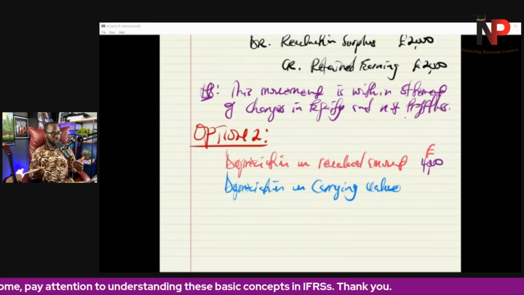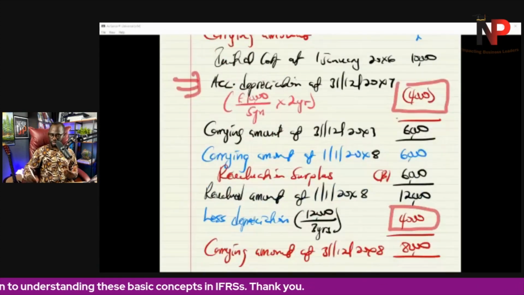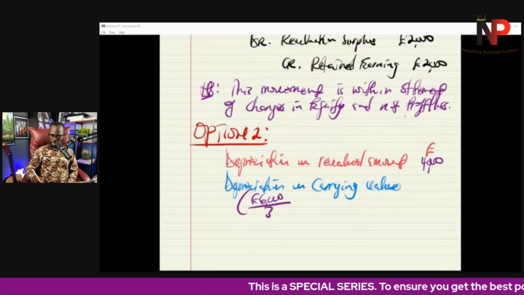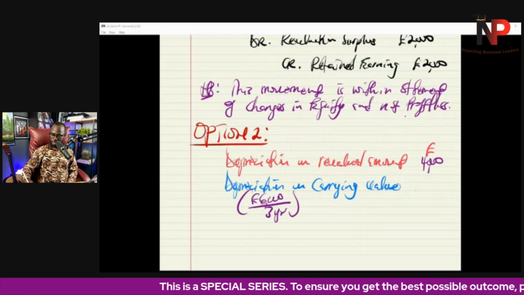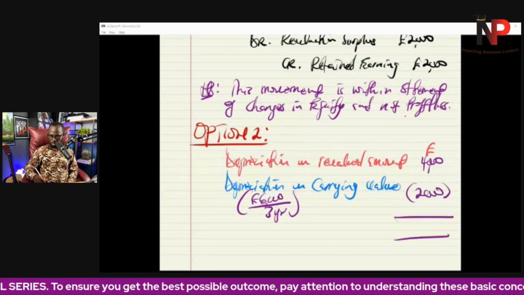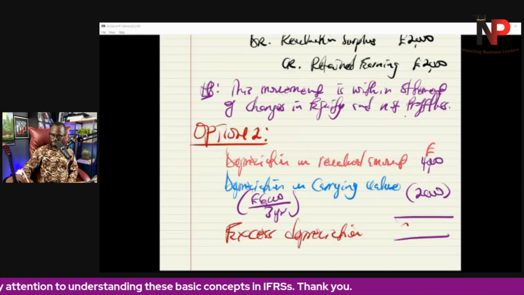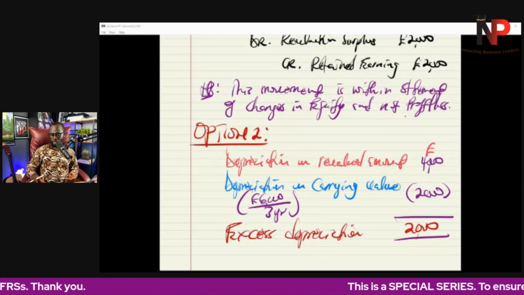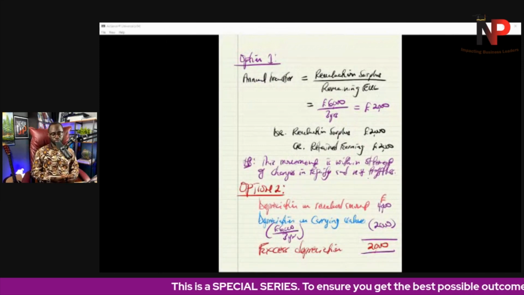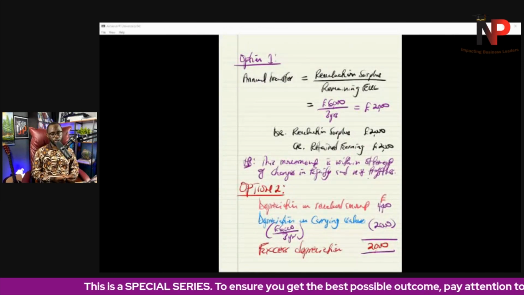If we were charging depreciation on the carrying value, it would have been 6,000 divided by 3 years, and that would have given us 2,000. So the excess depreciation is what we transfer, and that is 2,000. So that is the second option. You choose one and you will be good. Choose what you are comfortable with and you'll be good.